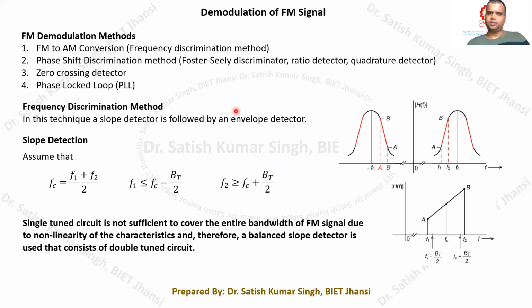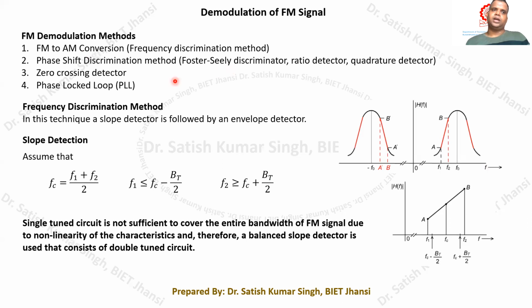In this frequency discrimination method, either we can use the differentiator d by dt, or we can also use a tuned circuit. A particular tuned circuit can be used for doing this FM to AM conversion. The second method is the phase shift discrimination method, in which we have the Foster-Seeley discriminator, ratio detectors, and the quadrature detectors.